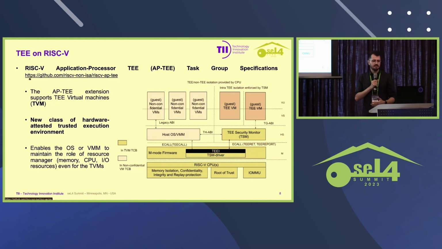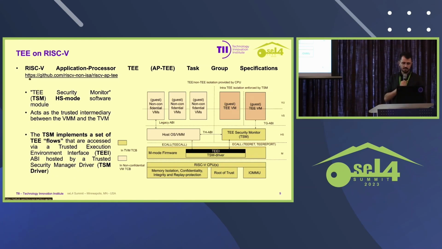So they have this idea, these APTE extensions, to support these TVMs, which are the TE virtual machines. Basically this is a class of hardware trusted execution environment, and this one will enable either the OS and the VMM to maintain the role of resource manager, even with these modifications for the TVMs. And they introduced basically this TSM here in the right corner.